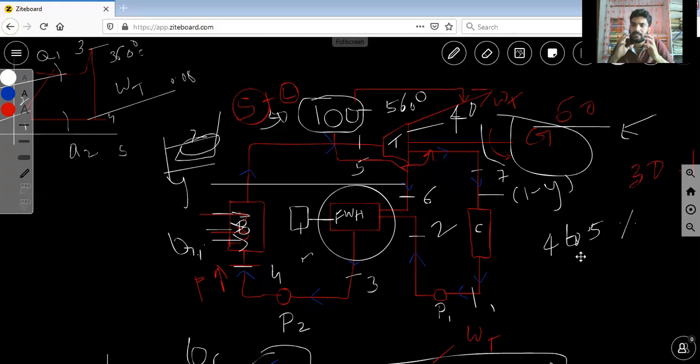In the regenerative method you have several extracting or bleeding points for steam from the turbine. Look at this diagram: at point 5, high pressure, high temperature steam enters the steam turbine.